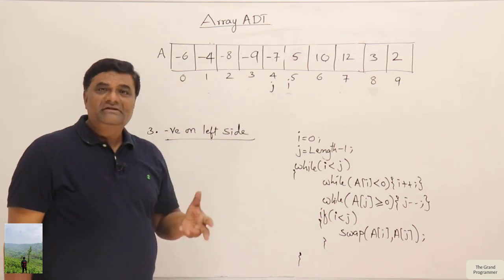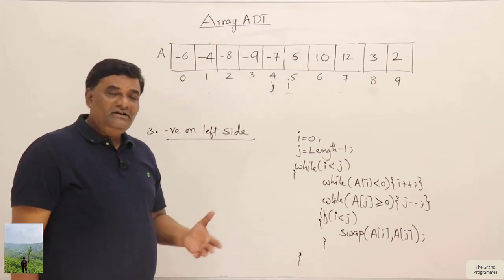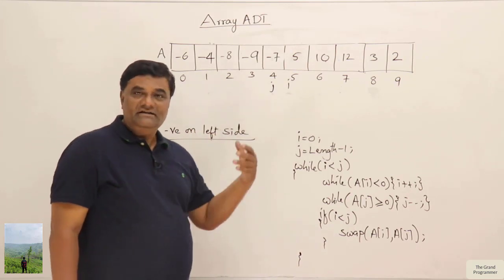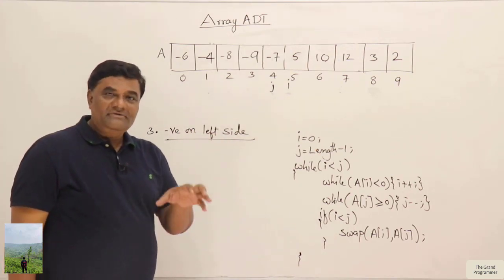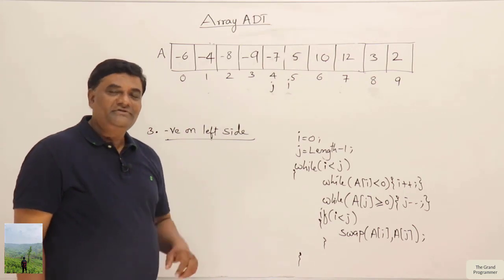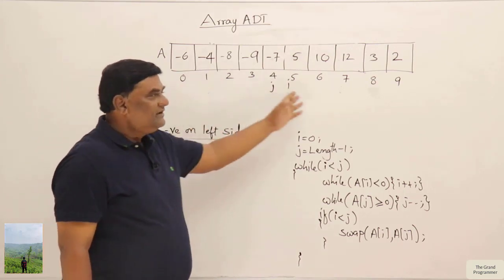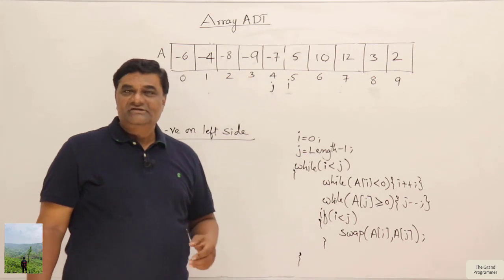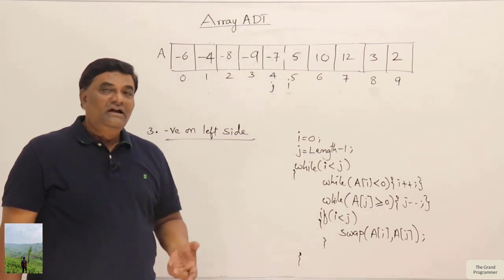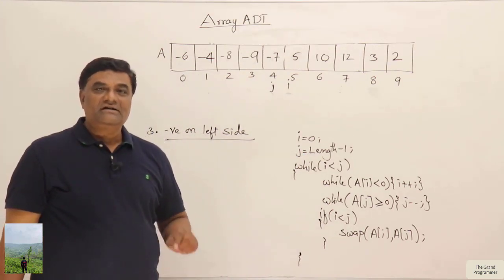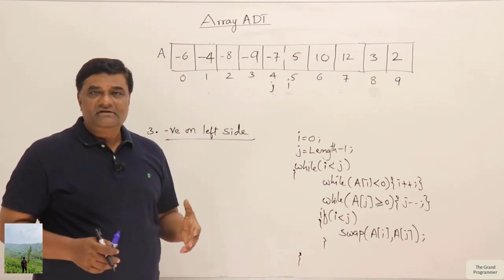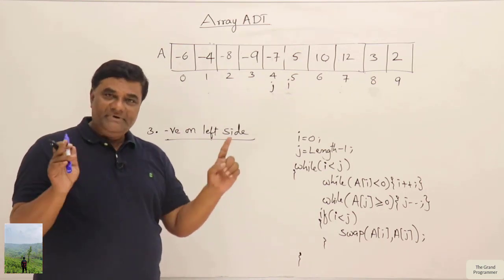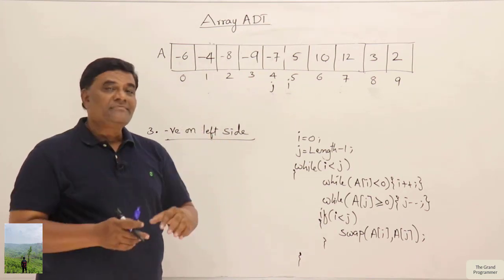Then swappings depend on the data. If all negatives are already on this side and positives on that side, no swapping will be done. But the main time is spent on comparing the elements. So we can say the time is order of n. This is scanning the whole list just once. The exact number of comparisons is n plus 2. Now analysis: what is the work done here? Comparing the elements and interchanging them.